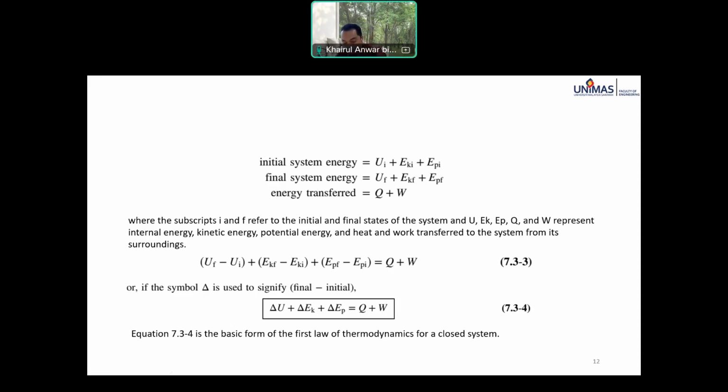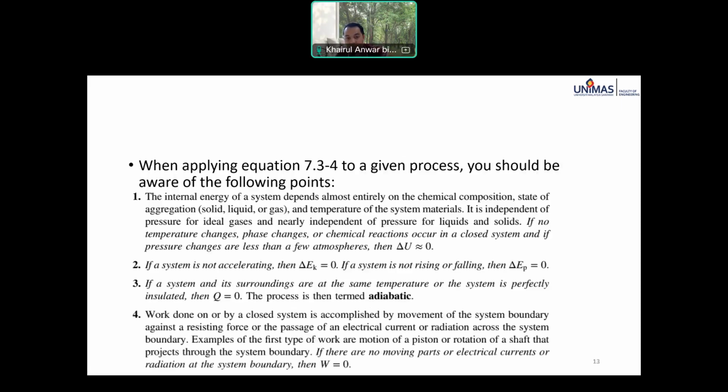So when applying equation 7.3-4 to a given process, you should be aware of the following. The internal energy of a system depends almost entirely on the chemical composition, state of aggregation, and temperature of the system.